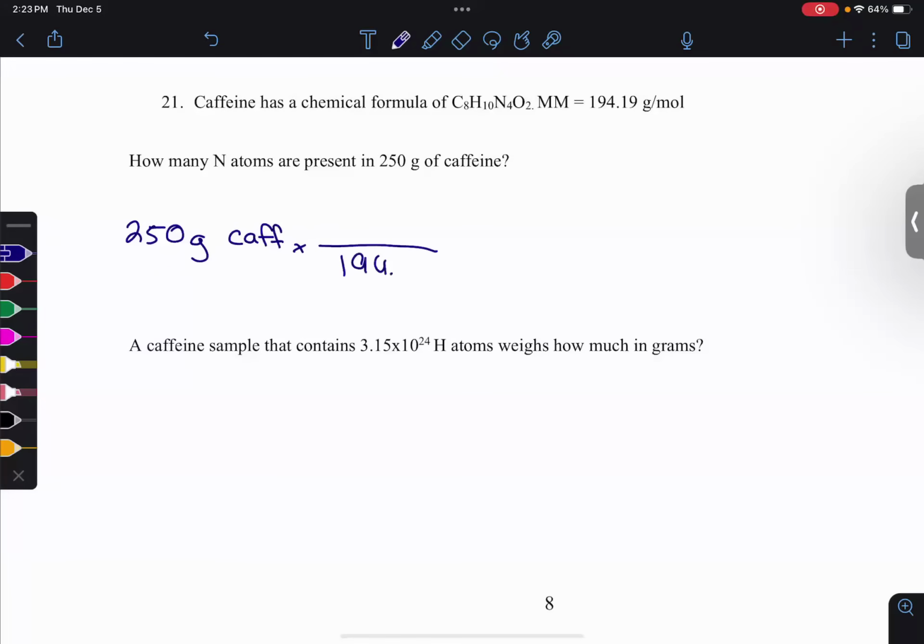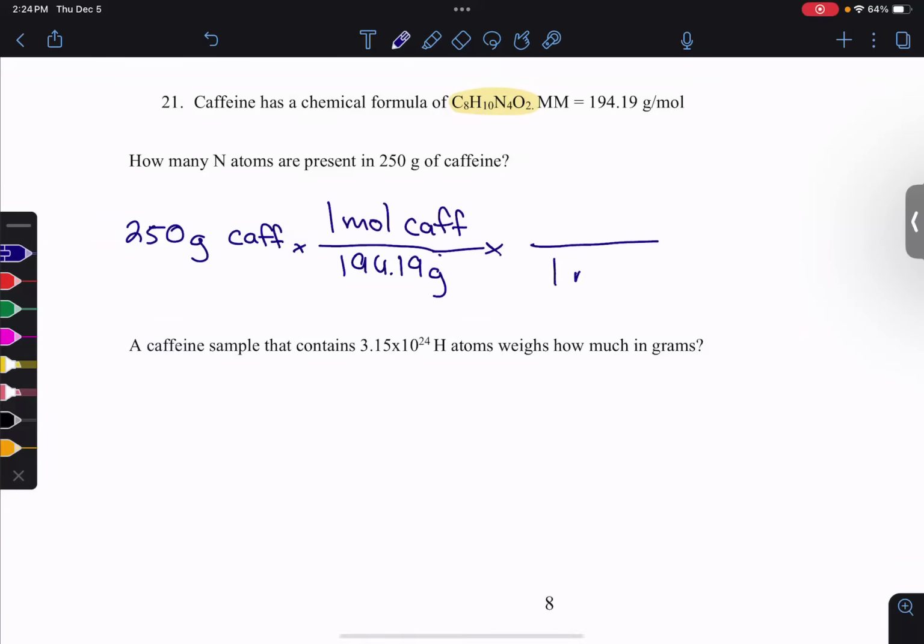So 194.19 is going to go on the bottom, gives us 1 mole of caffeine, right? But I don't want caffeine, I want nitrogen, right? So we can look at the chemical formula. One of these things is a caffeine. How many nitrogens are there? 4, yeah.